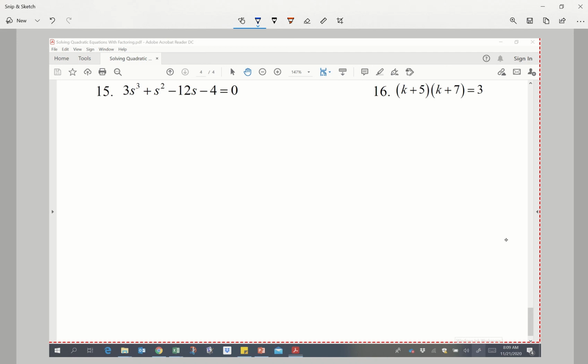But if we look at how many terms we have, we have 1, 2, 3, 4 different terms. And whenever we have 4 terms, we should always try to factor by grouping. So let's group the first 2 together, and let's group the last 2 terms together.